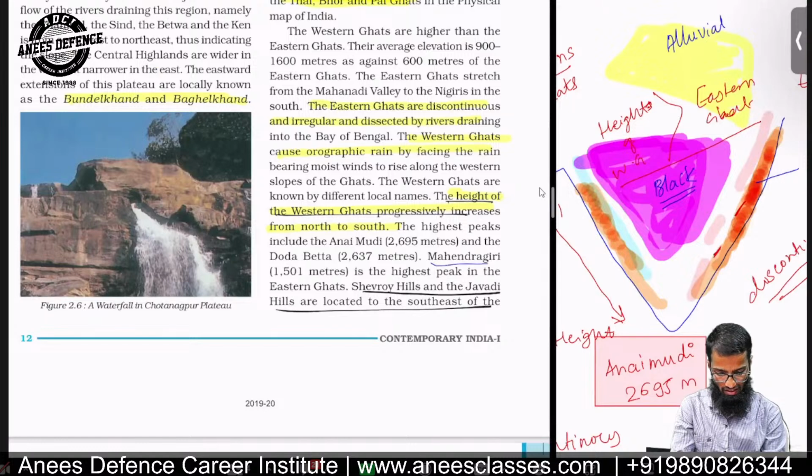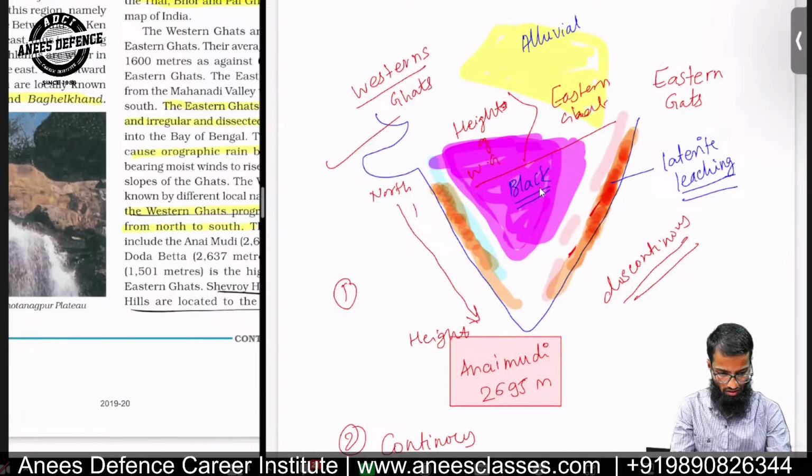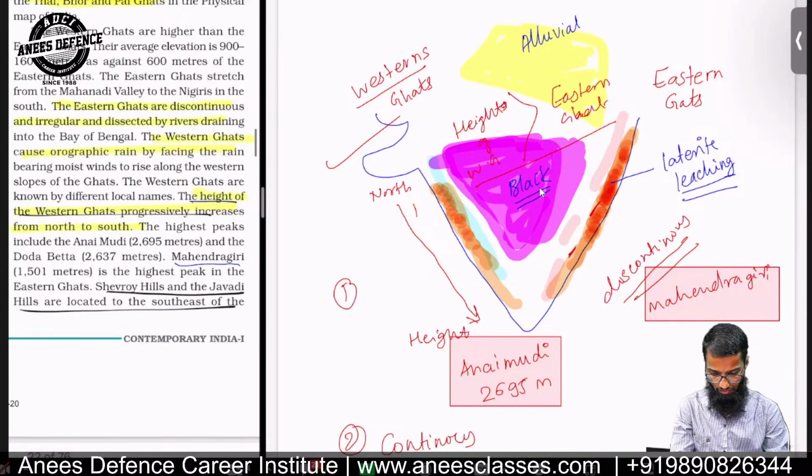Now, Mahendragiri in the Eastern Ghats is the highest mountain range, 1501 meters.